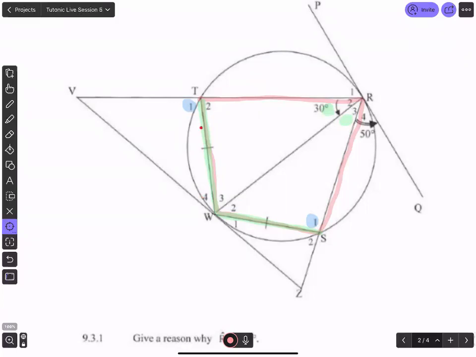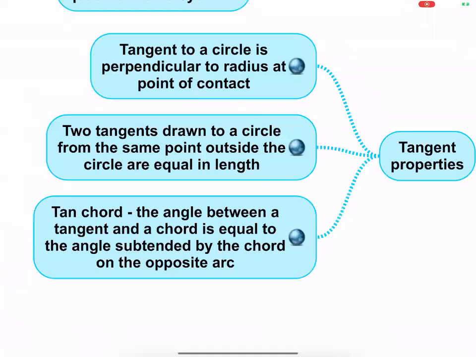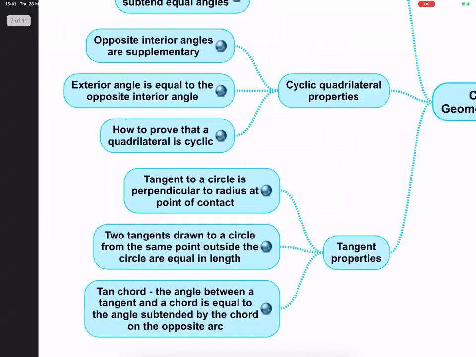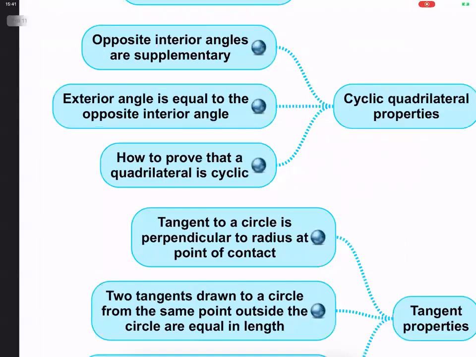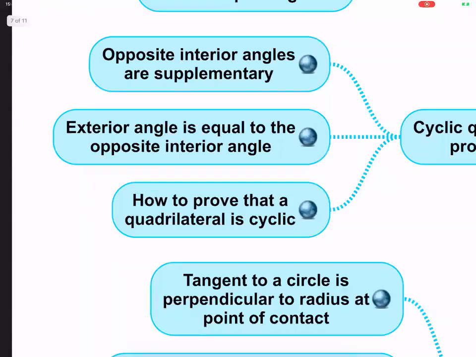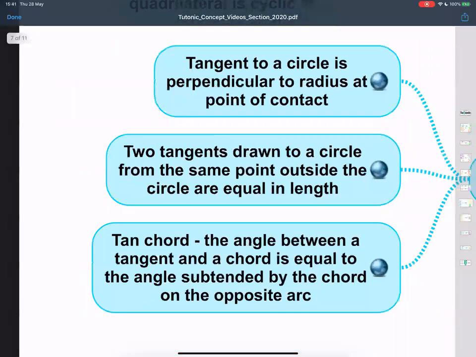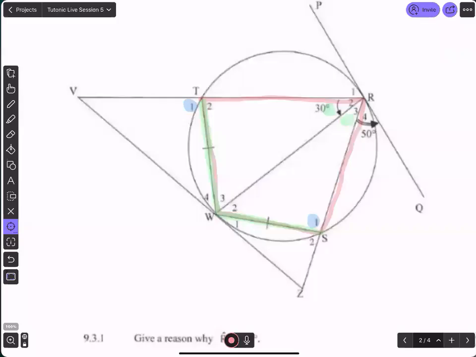If any of you are still not sure about the tan-chord theorem, what I'm showing you here are links to videos. If you click on one of these dots, it will take you to the video. So if you want to understand the concept, you can click on the video, but when you read the word tangent, you should memorize those 3 theorems.